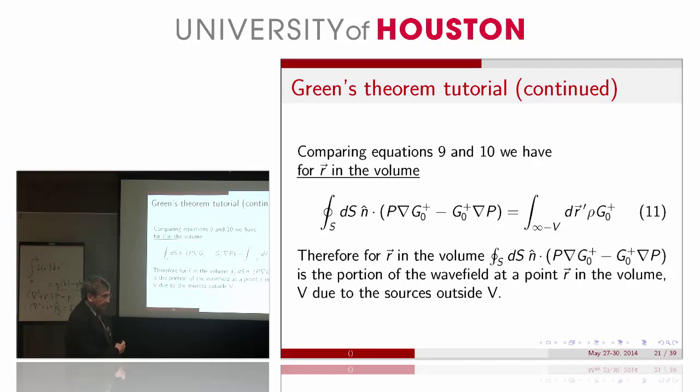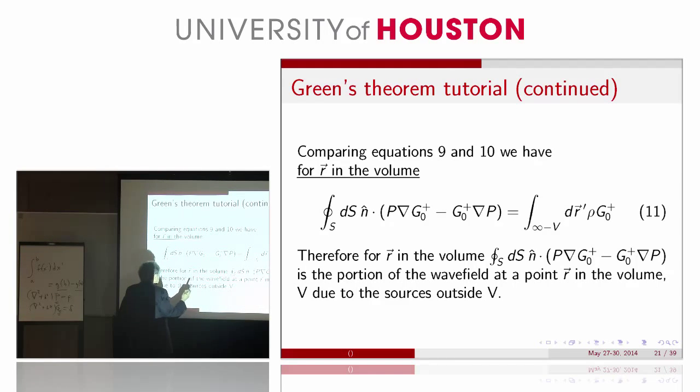This is classic physics: chapter 7, Morse and Feshbach, page 100 of Born and Wolf optics. They call it the Extinction Theory because of what this integral does: it gives you the contribution. This is the total field and the normal derivative on the measurement surface due to all the sources.